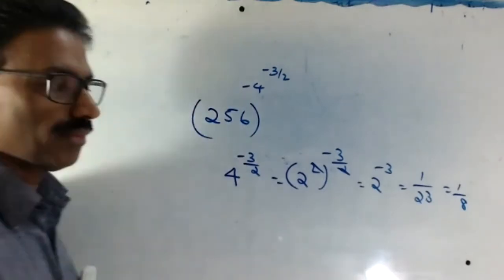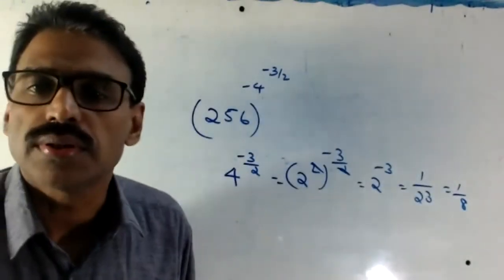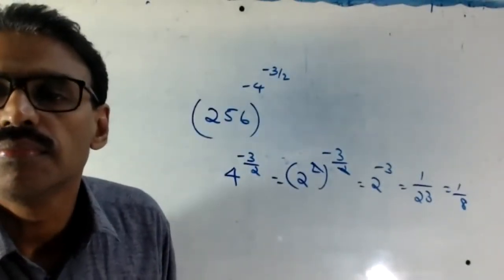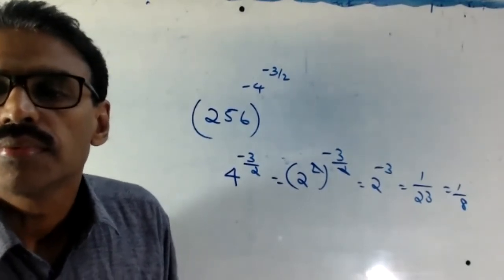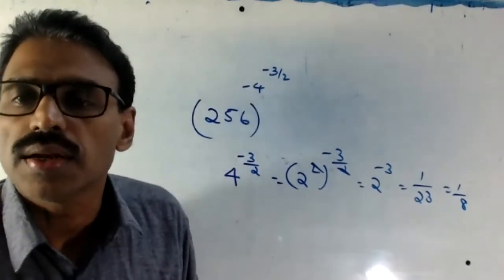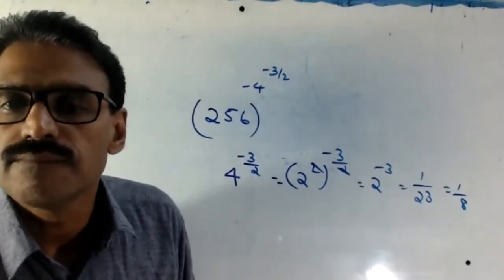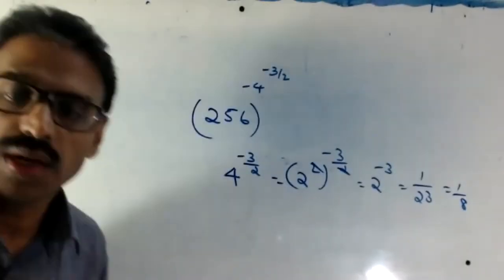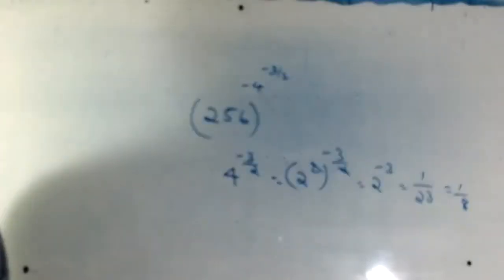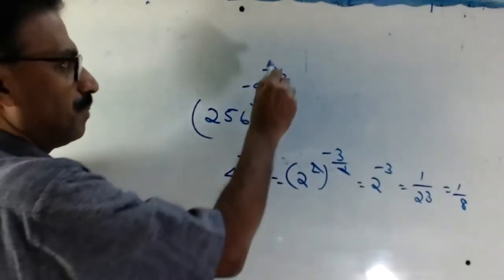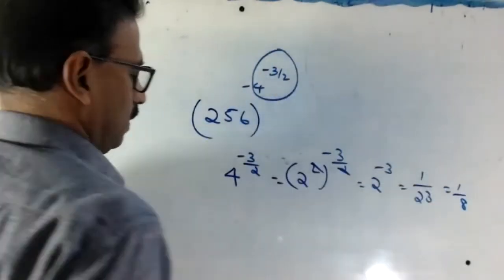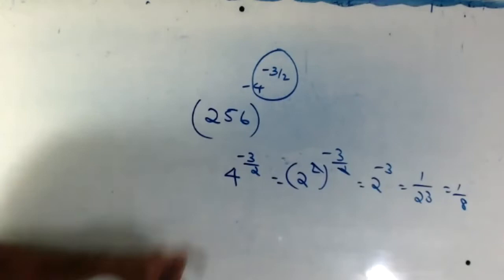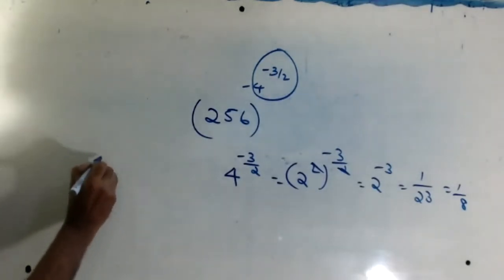This part okay or not? Okay. This part clear now? Okay. So now look at here. So we got only this part. We got 1 by 8. Okay. And we know 256 is 2 raised to 8.